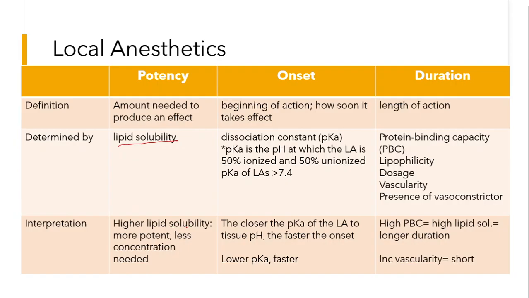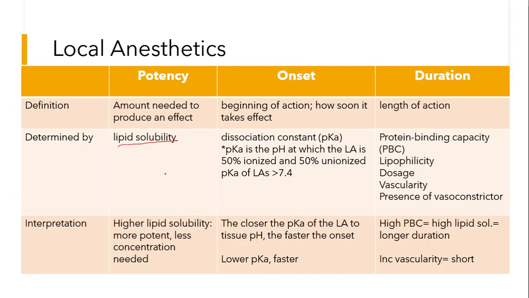The higher the lipid solubility of your local anesthetic, the more potent it is because it is able to penetrate those membrane barriers. And since it is more lipid soluble and more potent, you need less of it to produce an anesthetic effect. Okay, so that's basically potency.